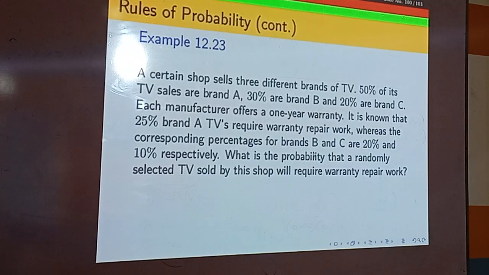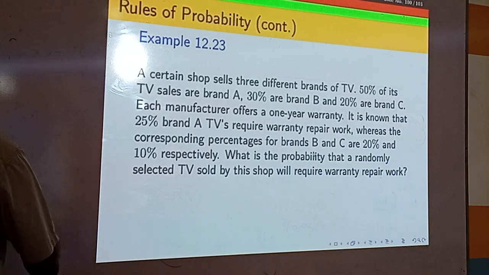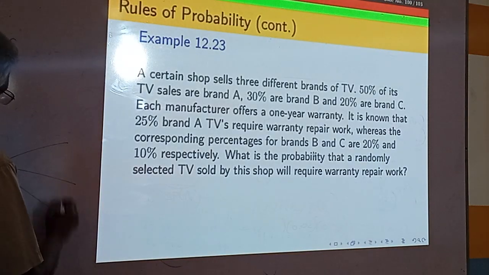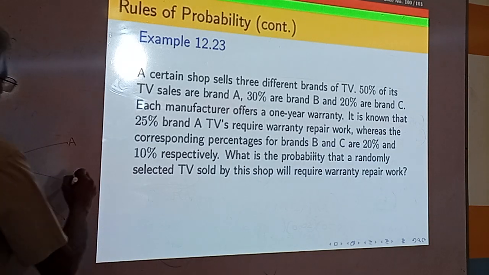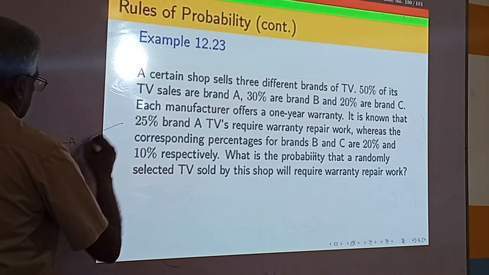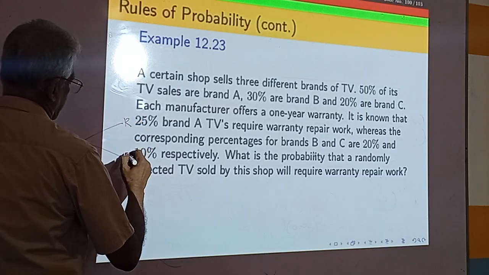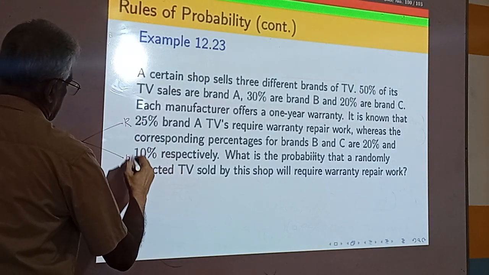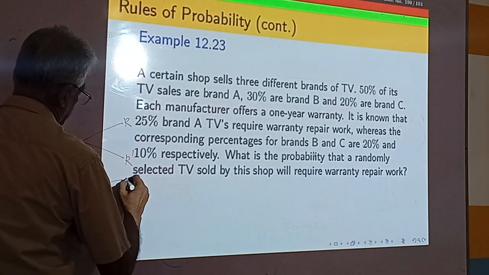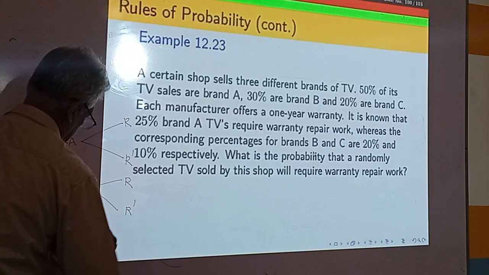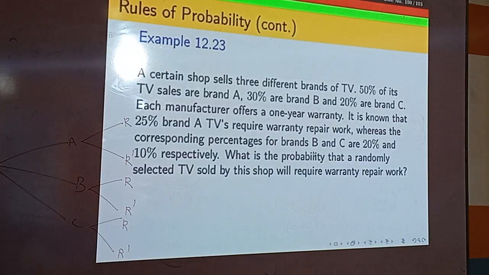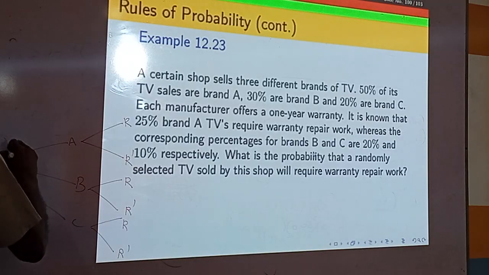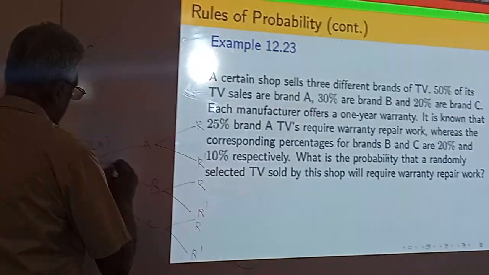If you look at the same previous problem, a TV can be brand A or B or C. These can be requiring repair warranty or not requiring repair warranty. So unconditional probabilities are given.